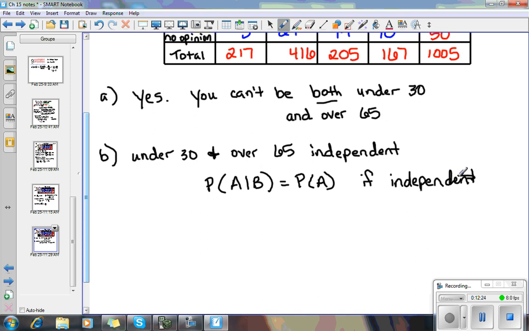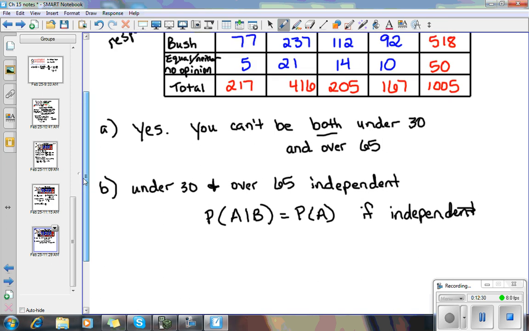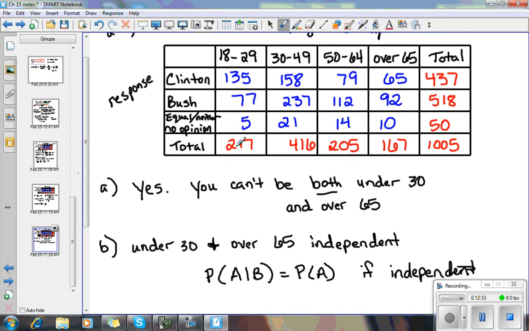So think about it. I'm selecting one person at random. I have a probability associated with under 30, and we calculated that. Under 30 was 217 out of 1,005. I have a probability associated with over 65. 167 over 1,005 would be the probability of being over 65.